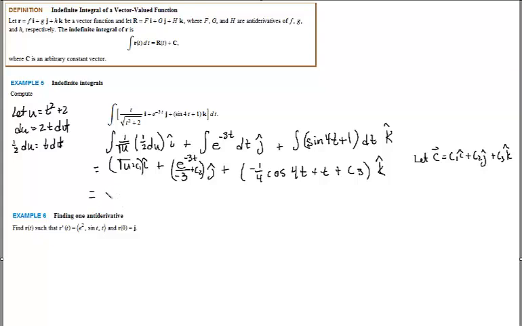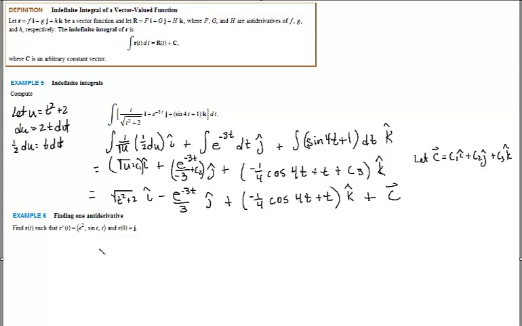So let's write this as the square root of, let me go back to t's here, t squared plus 2 in the i hat direction. Plus, I'll make that a negative. Okay, I've written each of these down, and then I'm just going to say plus some constant vector where c1, c2, and c3 are different constants, not necessarily the same one.